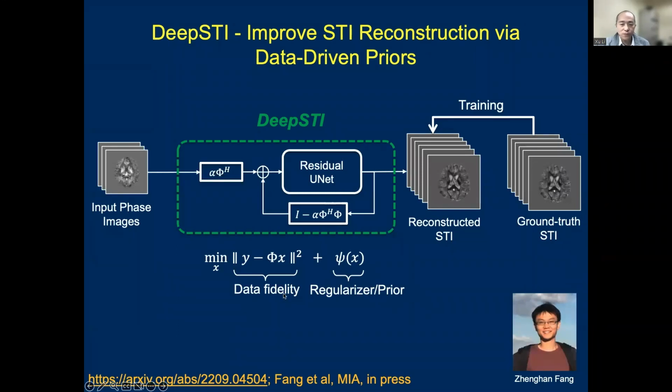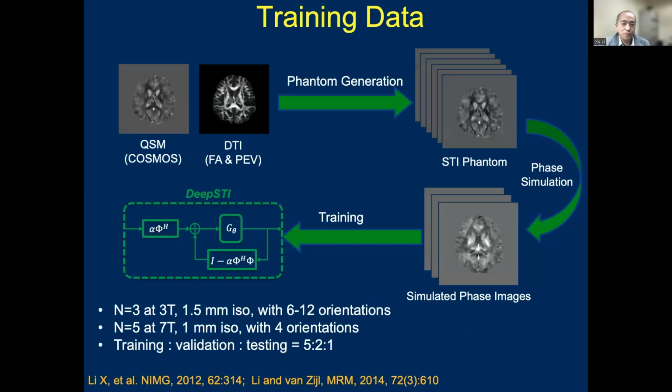Of course, this is much more complicated than the QSM inverse because we have at least 6 times larger variable space. So for this work, we use training data that's generated from a simulation.